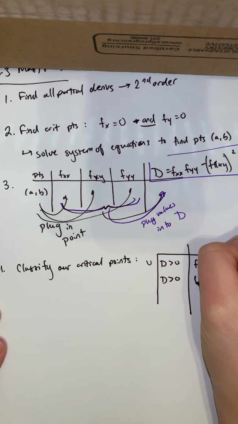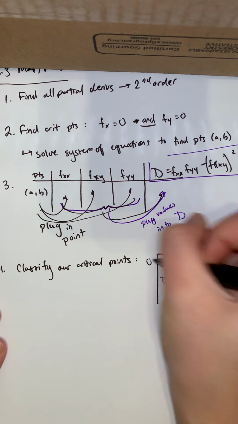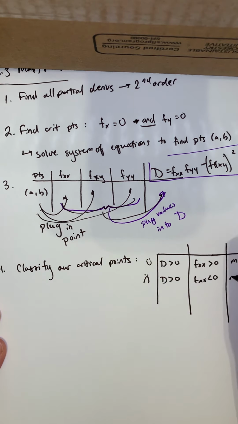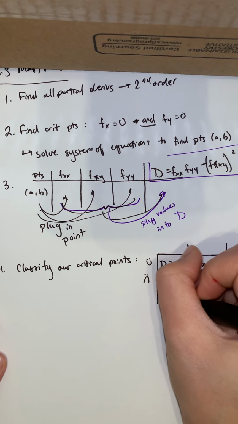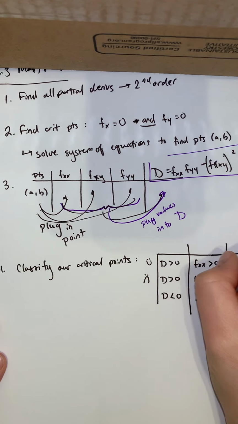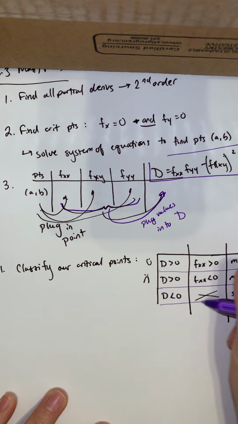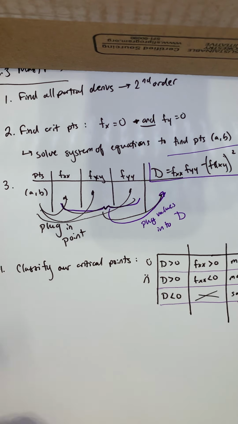If D is greater than 0 and fxx is less than 0, differences make me sad, so they have a max. And then if I have D less than 0, I don't care about fxx, I have a saddle point. And then if D equals 0, then we don't know. It's inconclusive.